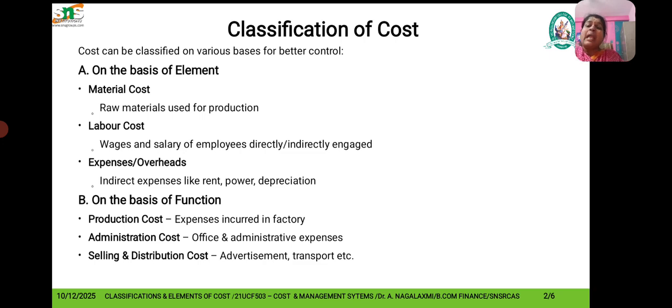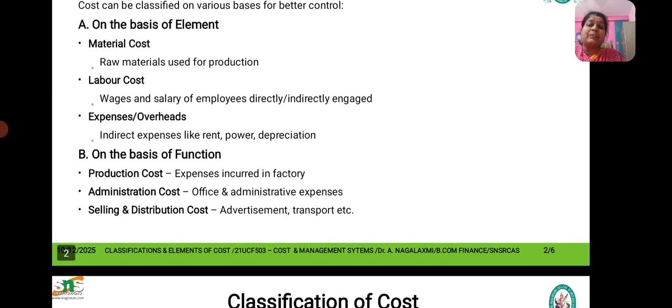of cost. Next classification is on the basis of functions. Functions means what are the functions carried out in production. That is production cost, administration cost, selling and distribution cost. Production cost means expenses incurred in the factory. What are the expenses incurred?